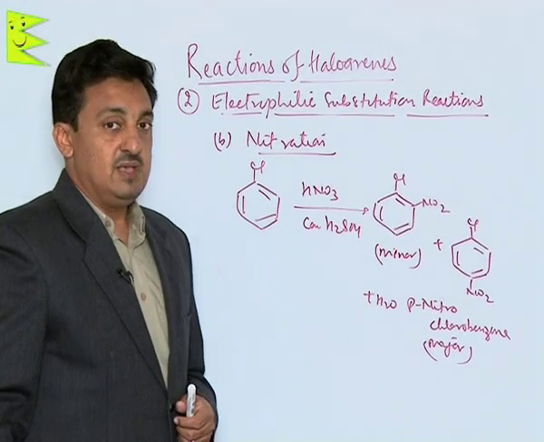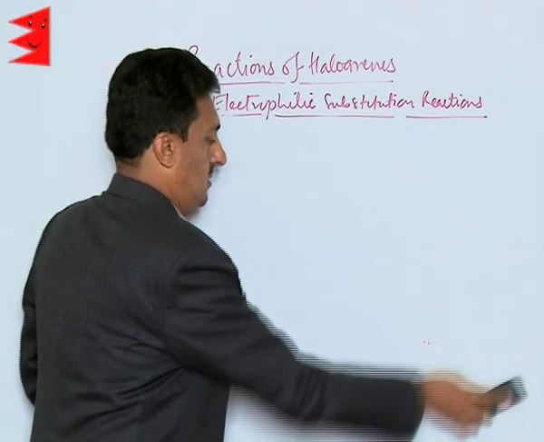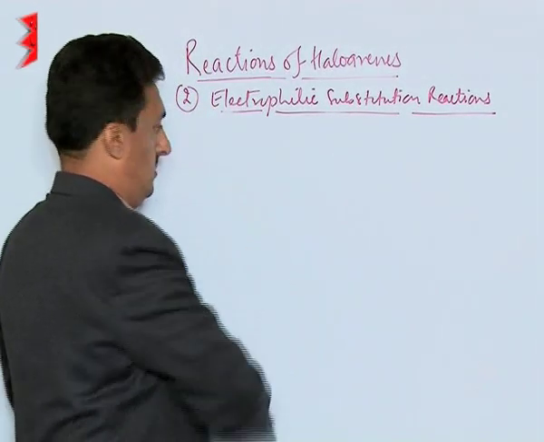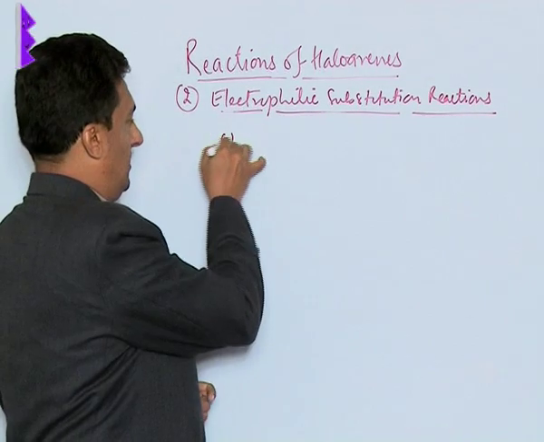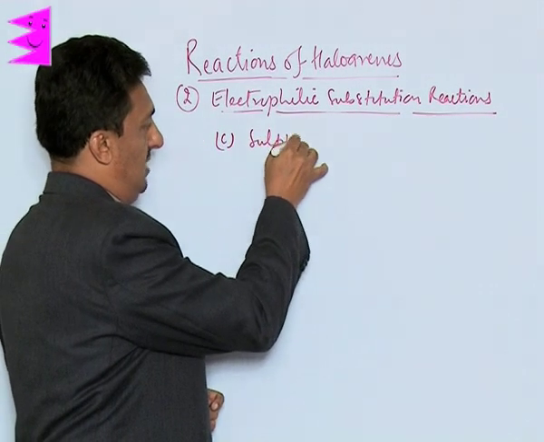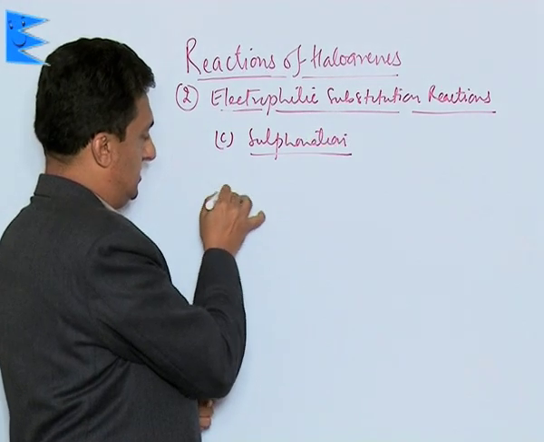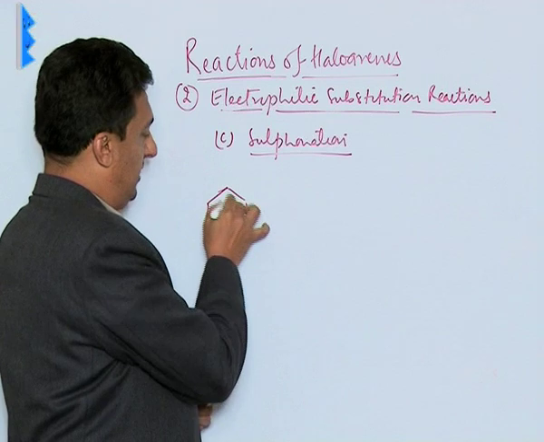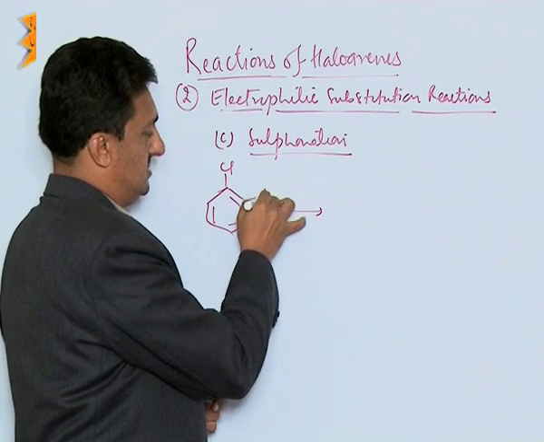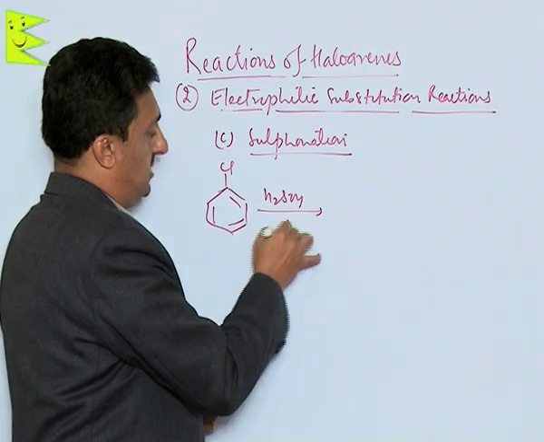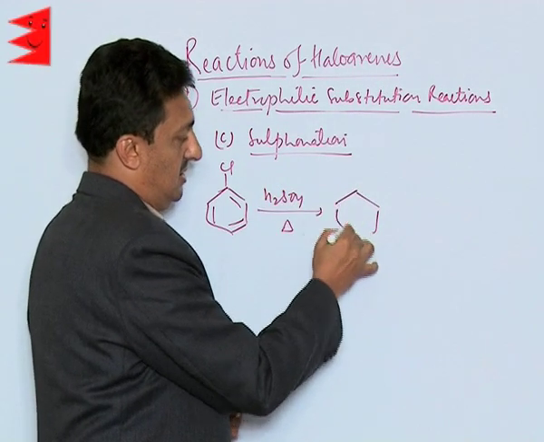Now let us see sulfonation. In sulfonation, we introduce the sulfonic group on aryl halides. For this, we treat them with sulfuric acid and we heat the mixture together.